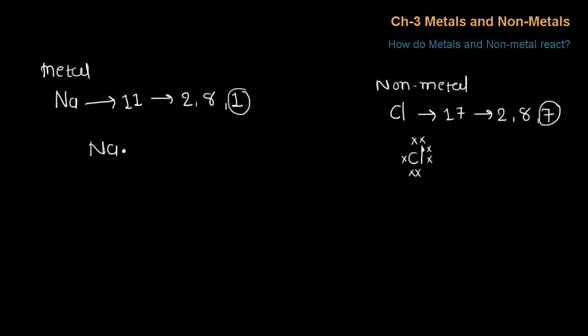Now there is one theory that we have learned, the octet theory. From that theory, every element wants 8 electrons in its valence shell. Now look at the sodium. 2, 8, 1. There is 1 electron in its valence shell.